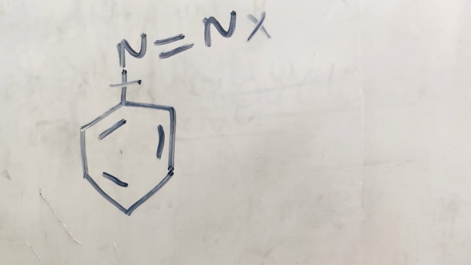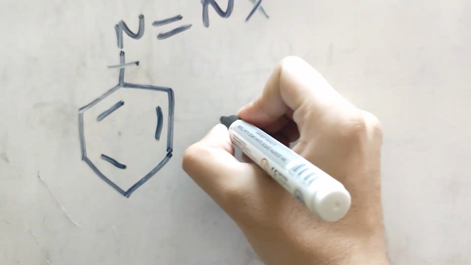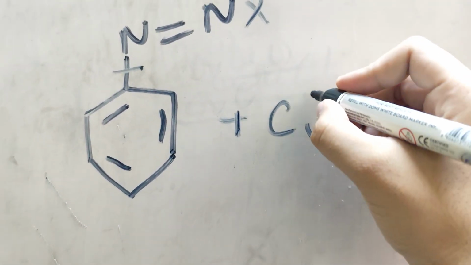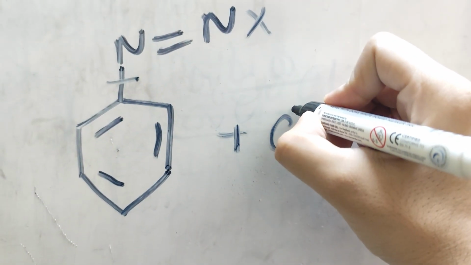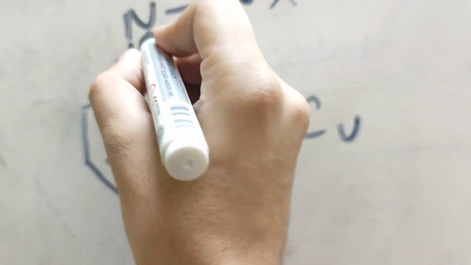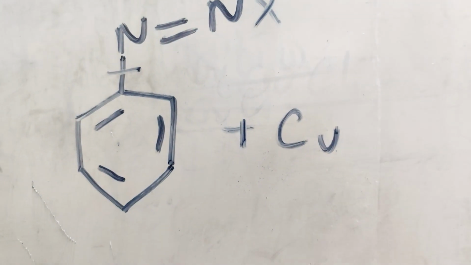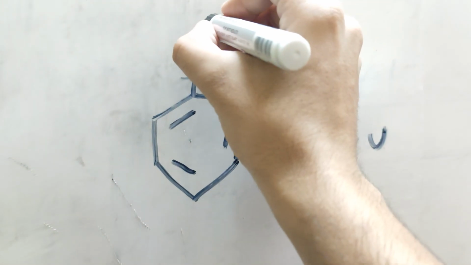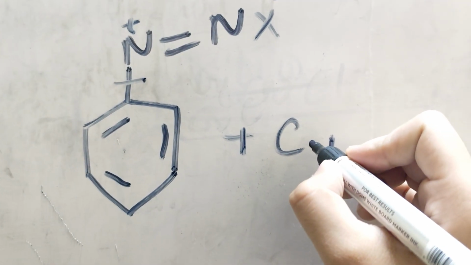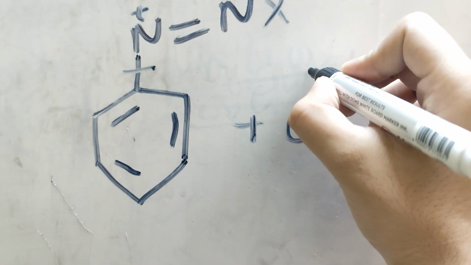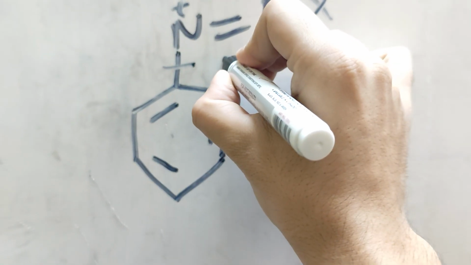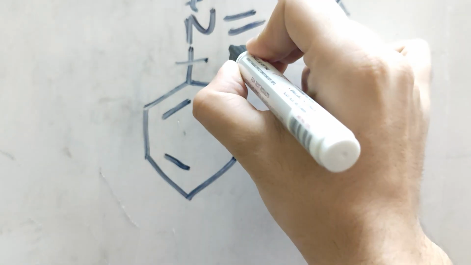How will it happen? So the copper here, Cu, has one electron which is donated to the nitrogen. So this has the positive charge, this has the negative charge. There is one electron which is going to be donated to the nitrogen group.